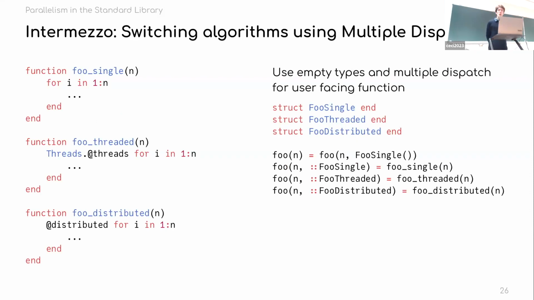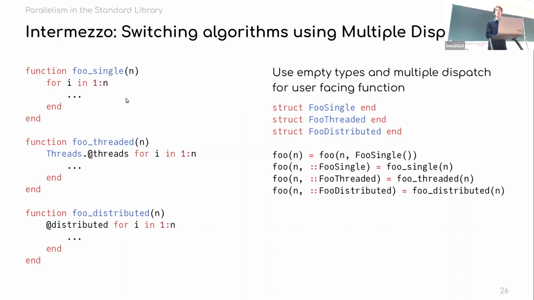Before going on to the actual packages for HPC, I have a bit of an intermezzo on using multiple dispatch to do some clever things. It might be very common, if you're writing a library, that you have multiple versions of an algorithm to solve the same problem.